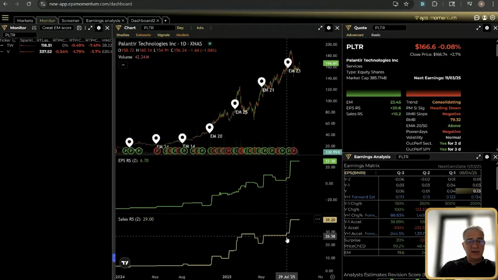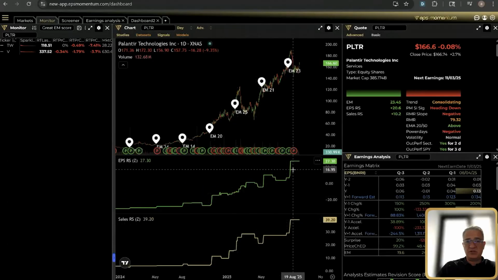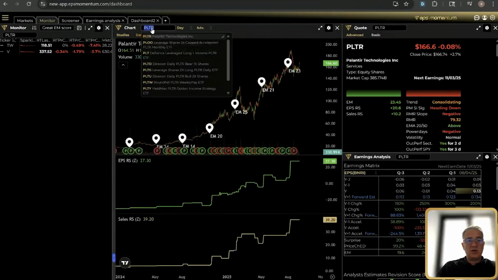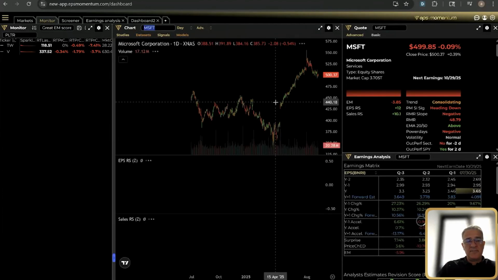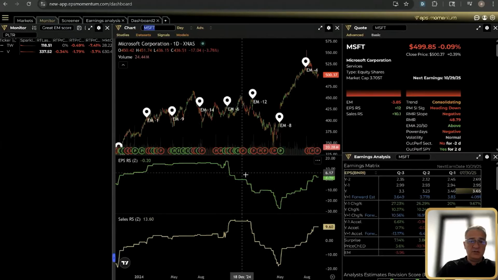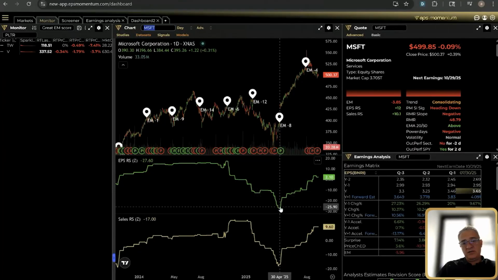So you can see this line is pointing upward, but should I put up, let's say, Microsoft, for example, it was downward and then upward. See how the revision estimate is pointing upward, so is the price, which is shooting up.